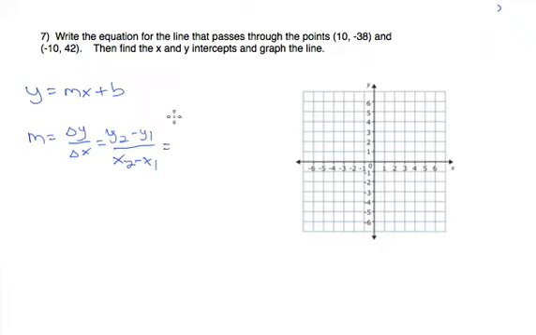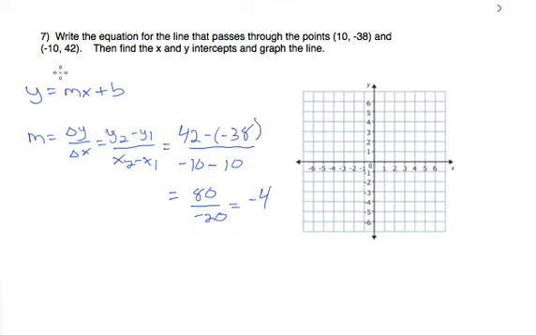And that equals 42 minus negative 38, over negative 10 minus 10. So what is 42 minus negative 38? That is positive 80. And negative 10 minus 10 is negative 20. And 80 divided by negative 20 is negative 4.